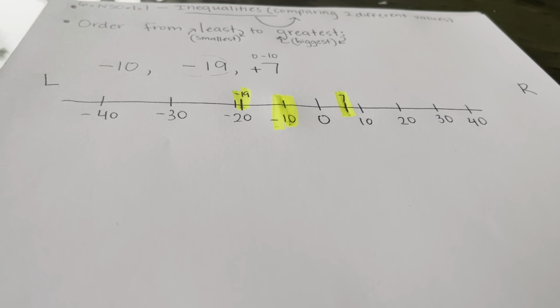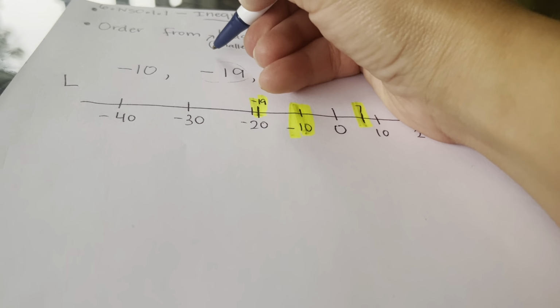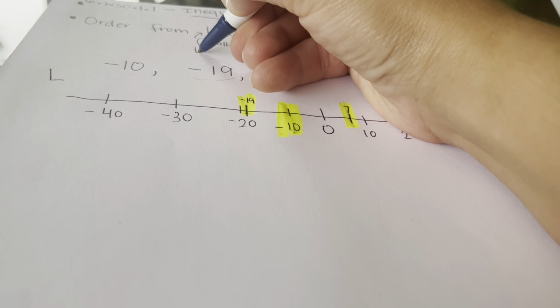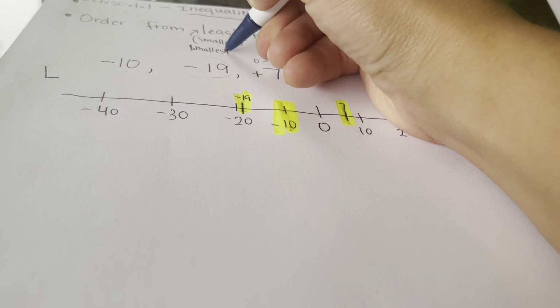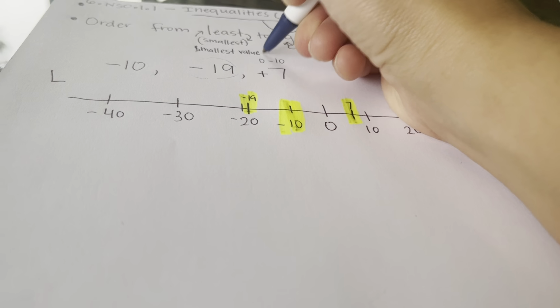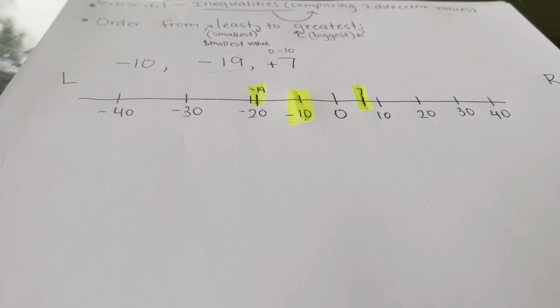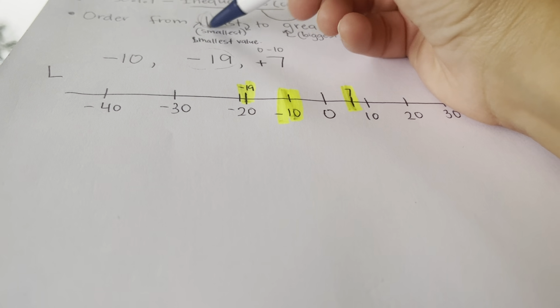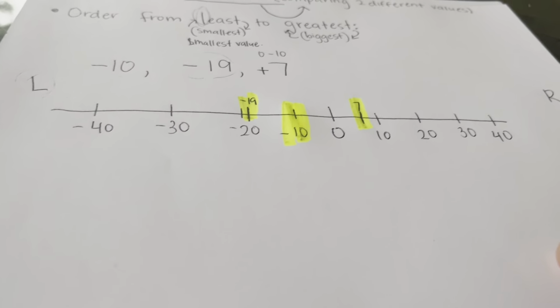If we're going to put these in order from least to greatest, I want the smallest number first, which means the number with the least amount of value, or the smallest value. Worth the least. Okay, least starts with L. The left is the L. You want the number closest to the left.